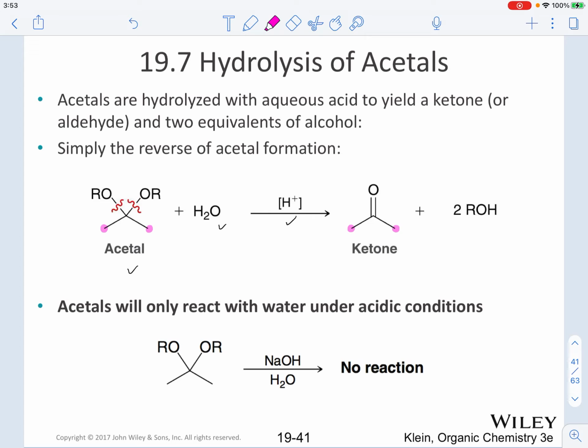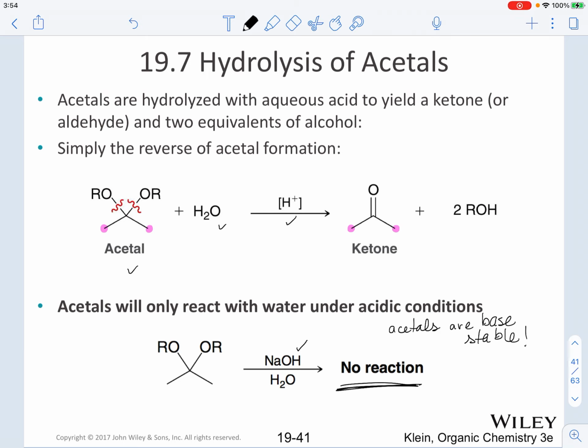So what that means is that acetals are base stable. So if you add a base and water to it, there will be no reaction.